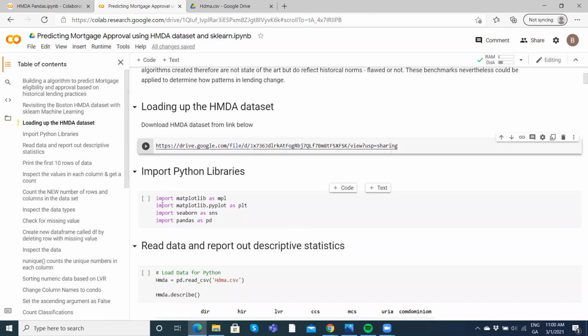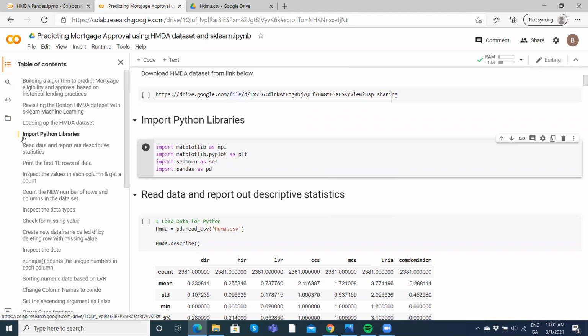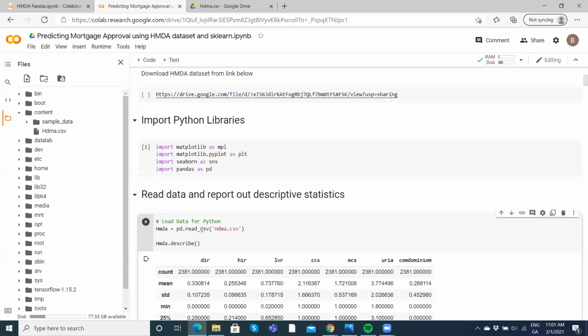Okay, so let's just import matplotlib for graphing, seaborn for graphing, and pandas then for data manipulation, and reading our CSV file. The name of the file, HMDA, we can read in. So read the data. We're going to call it HMDA, although the name was HDMA, which I took from an Ecdat package.